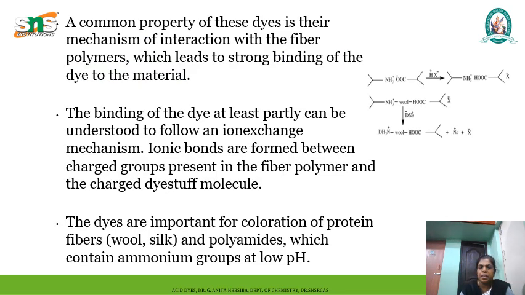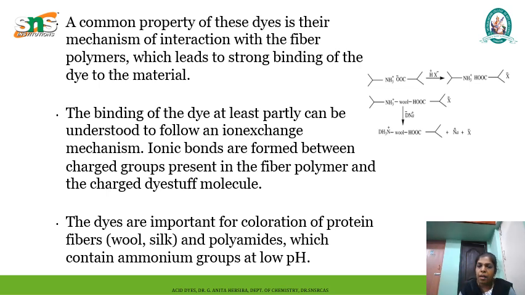A common property of these dyes is the mechanism of interaction with the fiber polymers, which leads to strong binding of the dye to the material. The binding of the dye, at least partly, can be understood to follow an ion exchange mechanism. Ionic bonds are formed between, as I told you earlier, charged groups present in the fiber polymer and the charged dyestuff molecule.